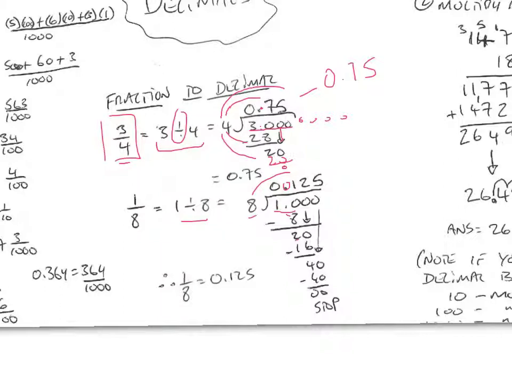Bring down our 0, so 8 into 20 goes twice. 2 times 8 is 16, 20 take away 16 is 4. Bring down a 0, 8 into 40 goes 5 times, 5 times 8 is 40, 40 take away 40 is 0, and we stop. And we get our answer: 1 over 8, written as a decimal, is 0.125.